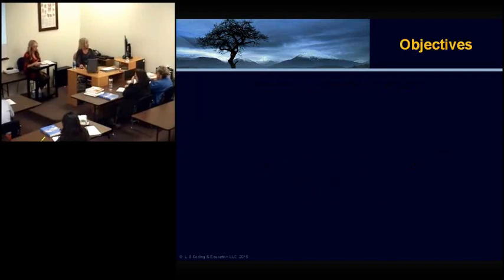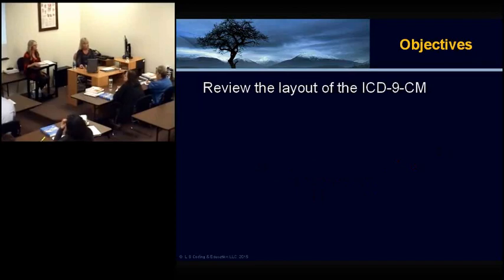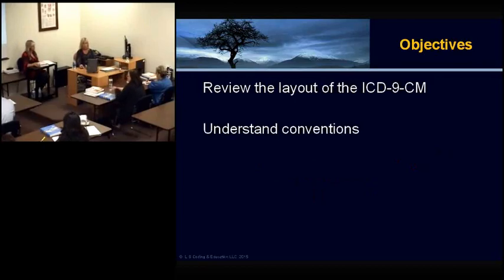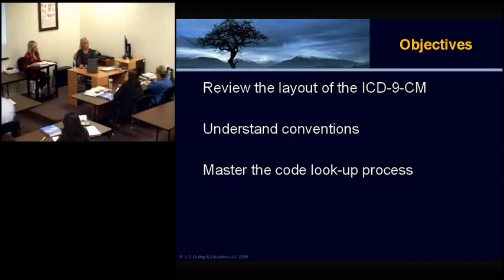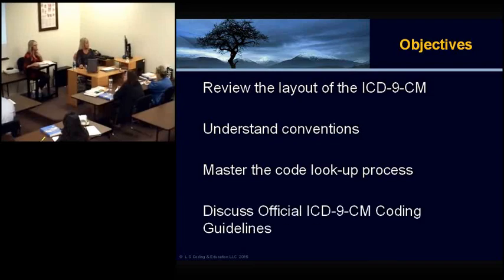All right, they break this into 3 chapters. Chapter 3 is the introduction to ICD-9. The objectives in this chapter are to review the layout of the ICD-9 book, and I think Chris told you to start looking through that book last week and becoming familiar with it, understand the conventions, master the code lookup process, and discuss official ICD-9 guidelines.